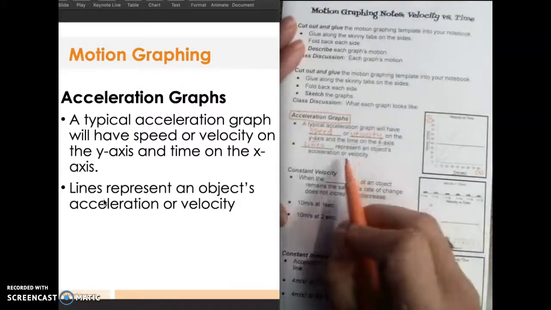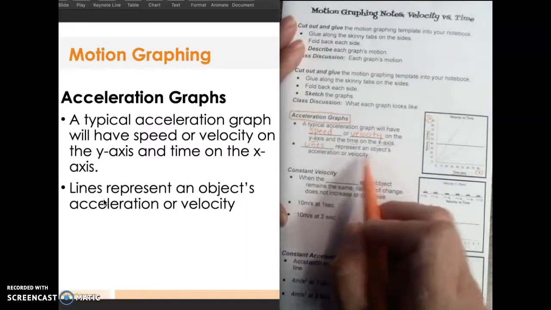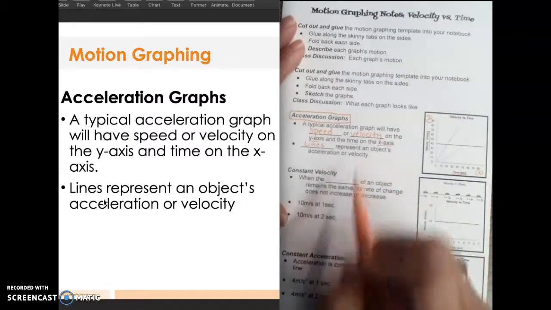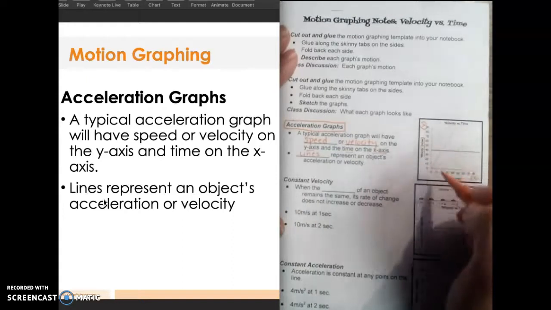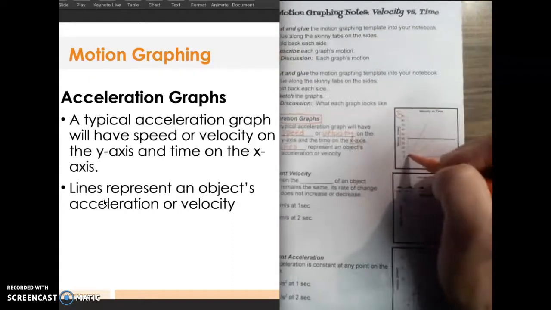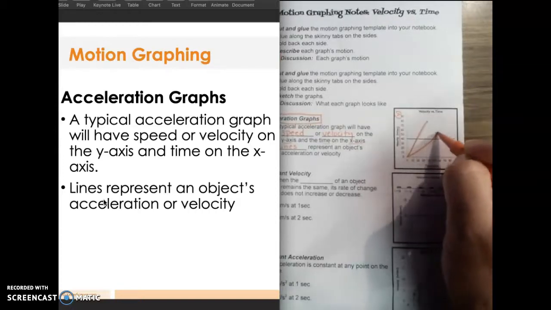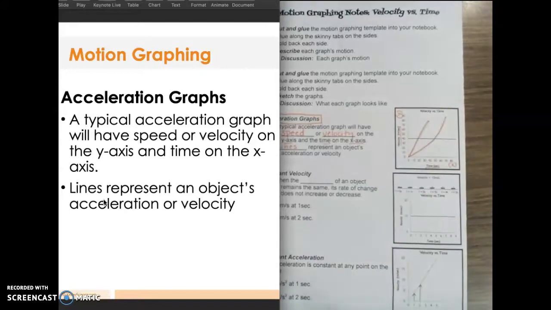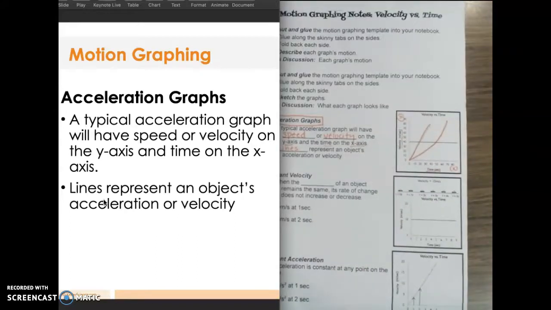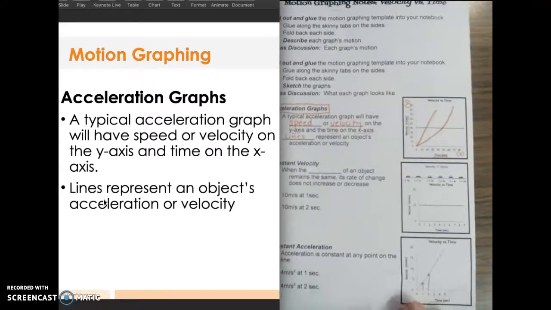The lines that we are talking about represent the object's acceleration or velocity. These are the lines that we're discussing here. Any lines on the graphs are going to represent whether an object is accelerating or its velocity, which would be a change in direction.